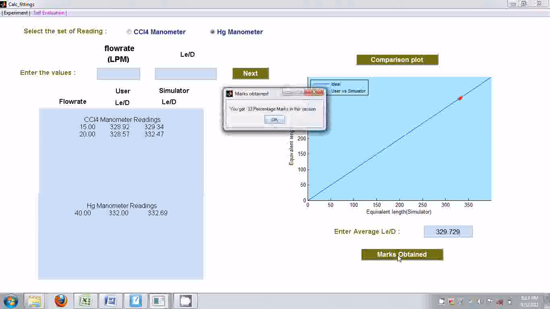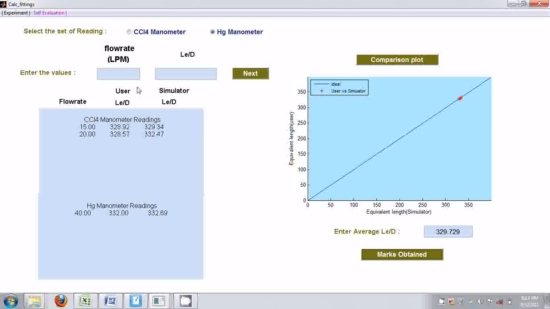Click on marks obtained. It is giving 33% of marks in this session. It calculates if it is almost near; if it is very far, then it takes out the values. Out of 3 values, one value is correct, this value, so you got 33% of marks.